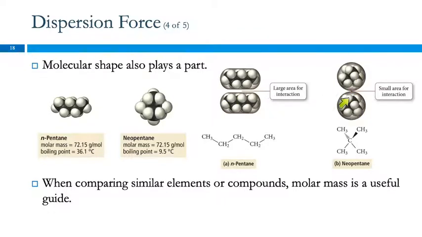These two spheres can only touch at a small point, right? So the Velcro cannot hold them together very strongly. It's going to be easier for them to break away. Whereas these guys, if they come up next to each other, they're going to stick along this larger area.